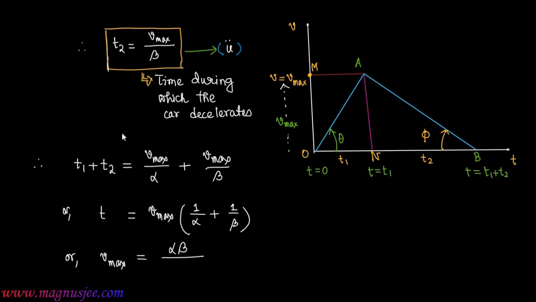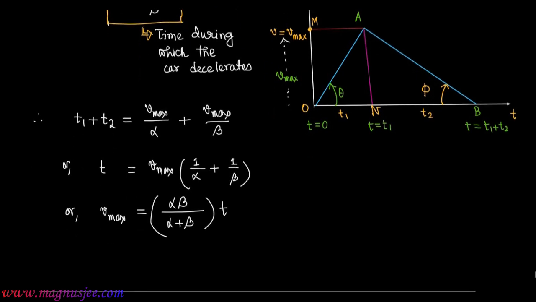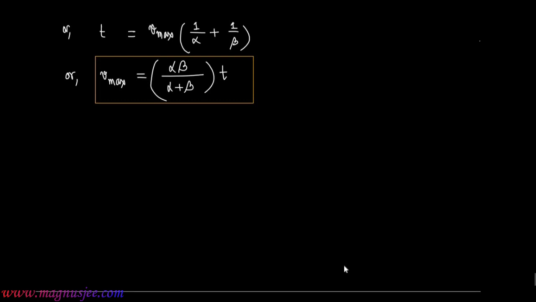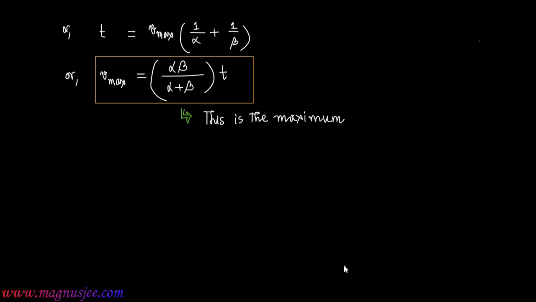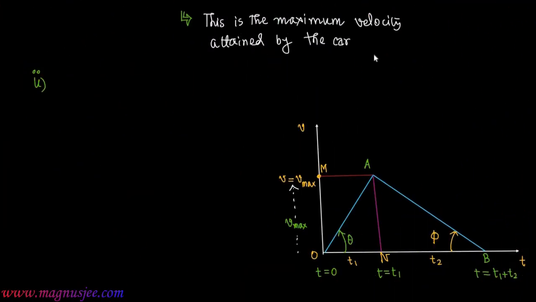Or Vmax is equal to alpha beta divided by alpha plus beta into t. This is the maximum velocity with which the car will be moving at the point A during its motion. This is the maximum velocity of the car.